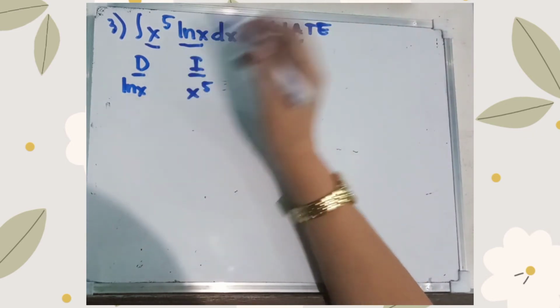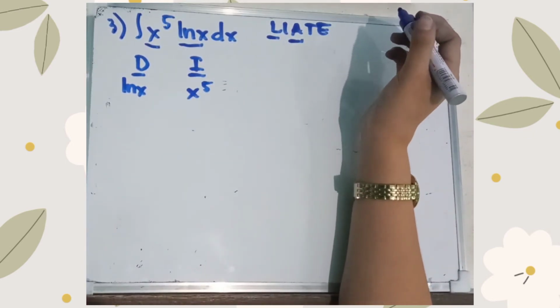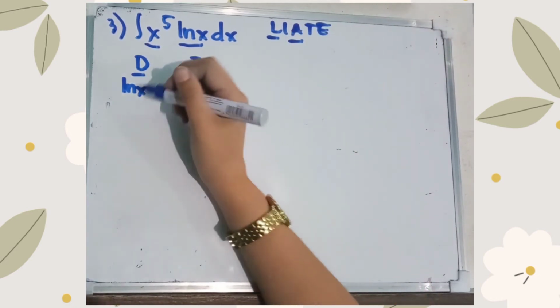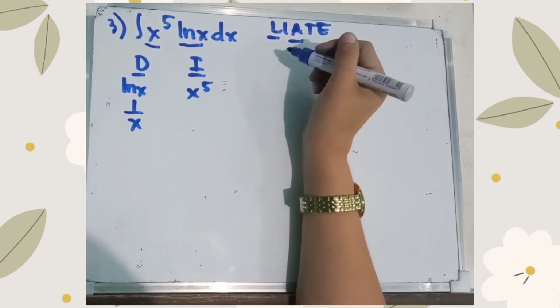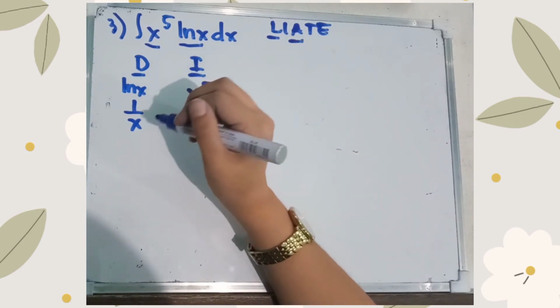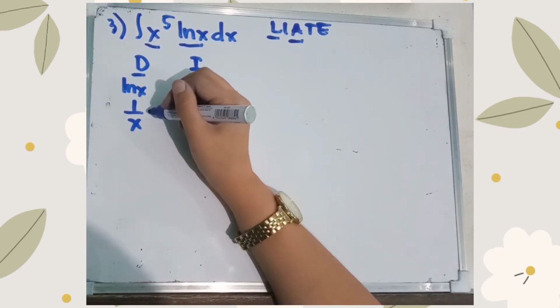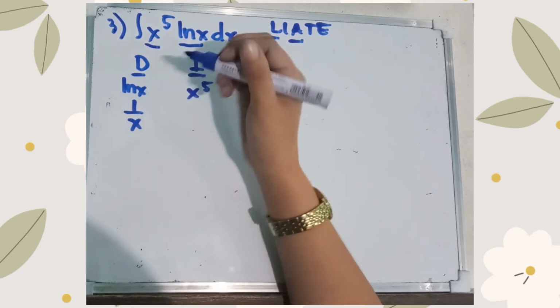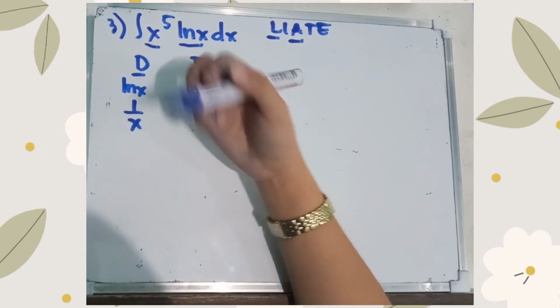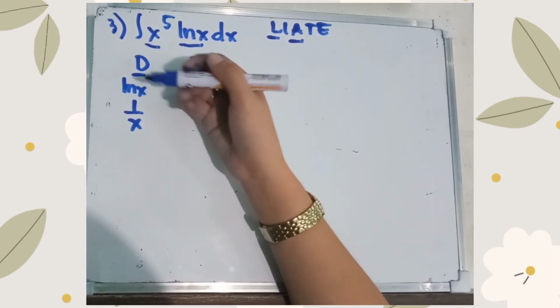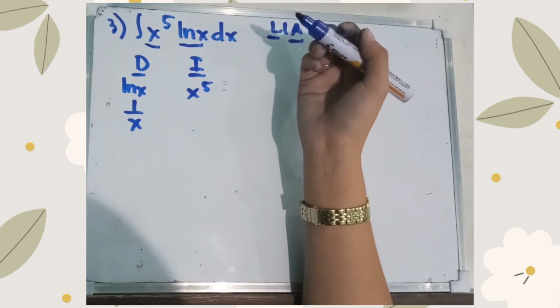Now, solving for the derivative of ln x, if you can still remember, that is 1 over x dx. And for deriving this one, since this is a quotient, we'll be applying the quotient rule. And at the end, we will not be able to arrive at 0.